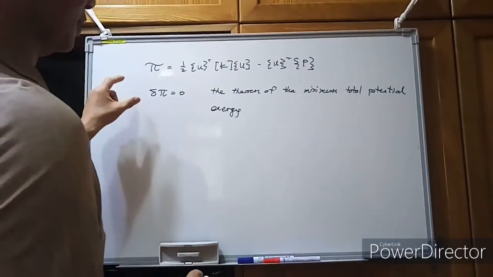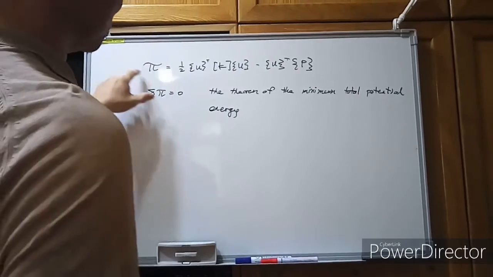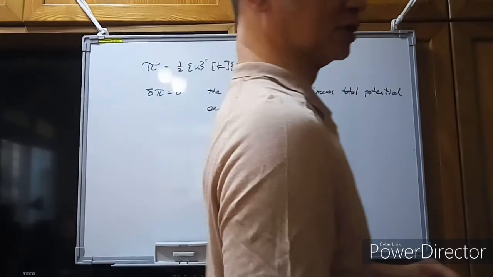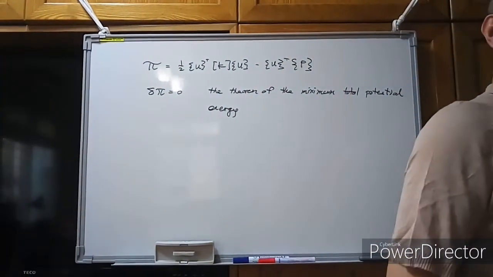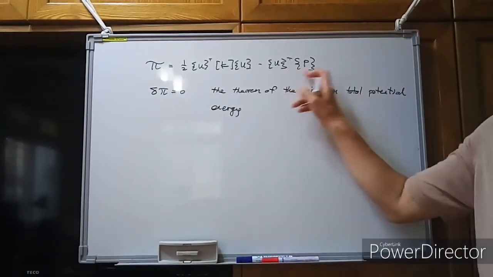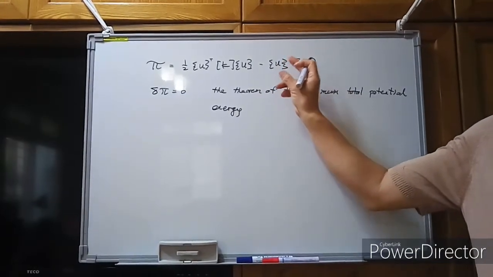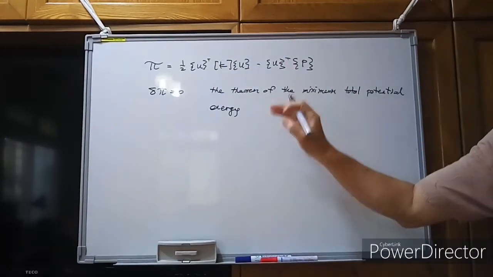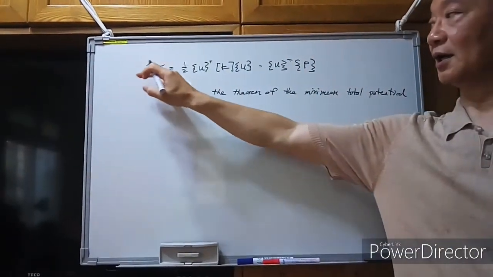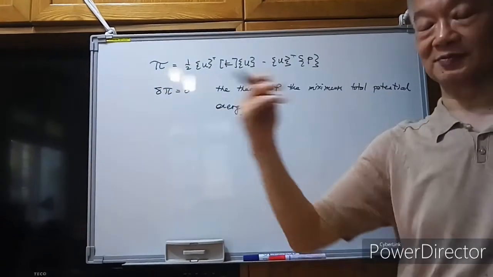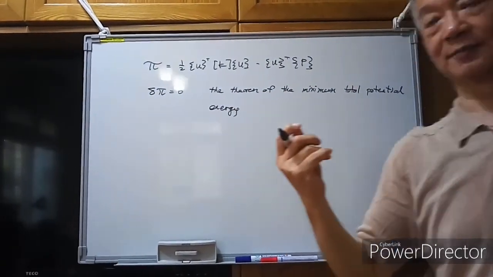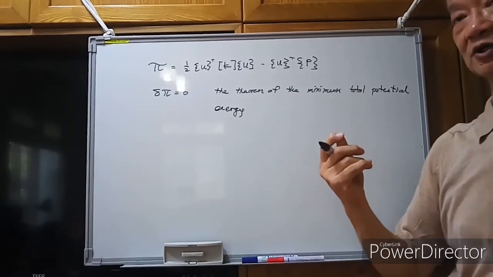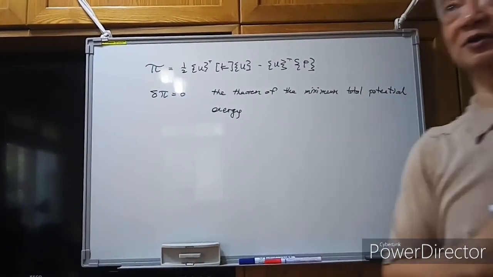The total potential energy is equal to pi. The first term is U, which is the strain energy of the structure, and the second term is V, which is the potential energy due to the applied loadings. After we calculate all of this, we will find the displacement U which makes pi an extreme value. And right now, the extreme value is the minimum value.